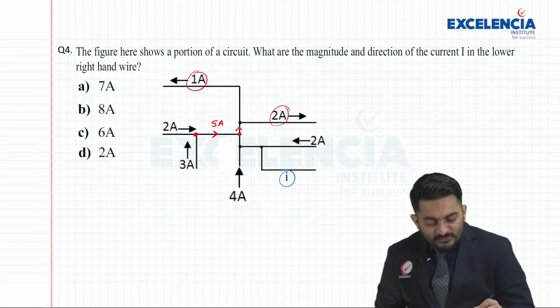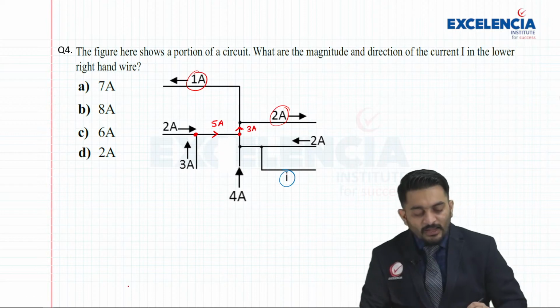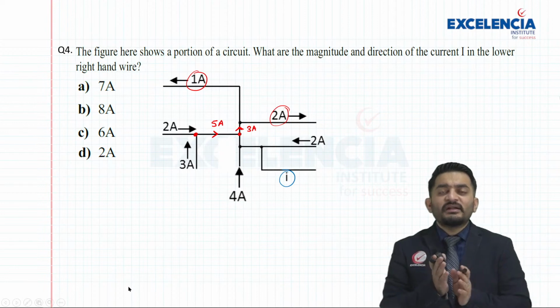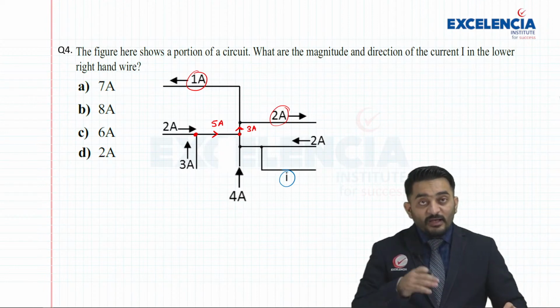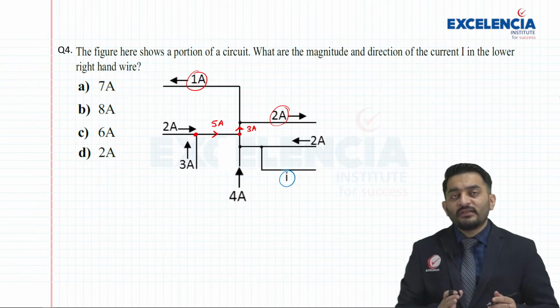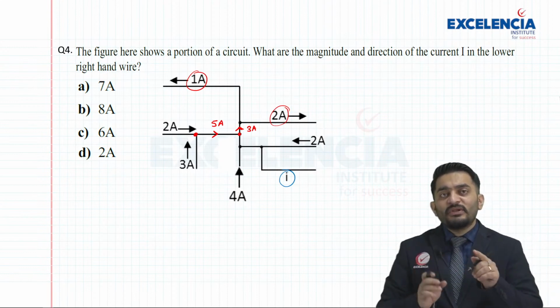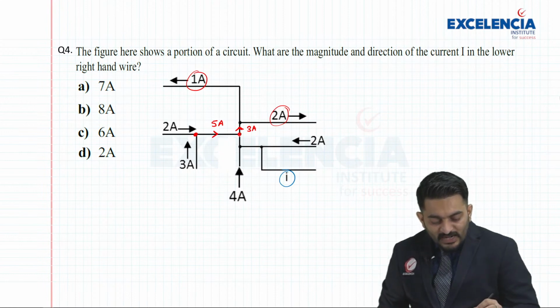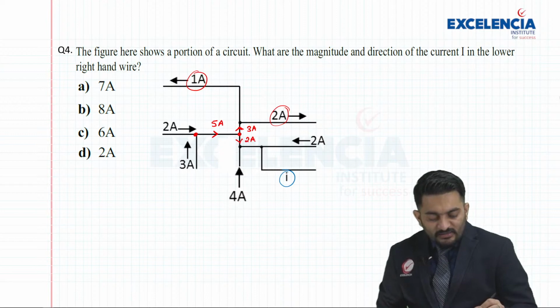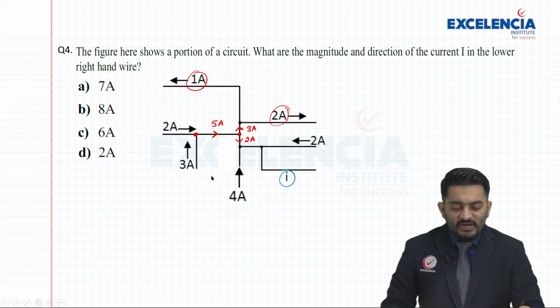The total current which should come out is 3 amp, because whatever current enters, the same amount should exit. As I know the current given in the upper part of the circuit, the upper should be 3 amp, then only 2 and 1 leave the junction. Now 5 amp enters the junction, 3 amp has gone up, so the remaining will go down only, there is no other choice.